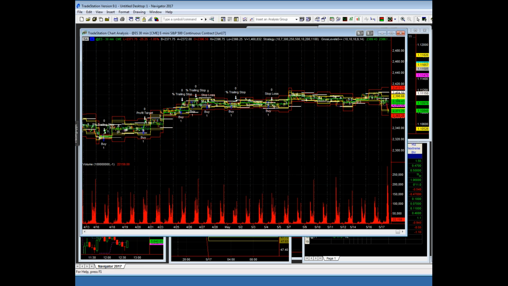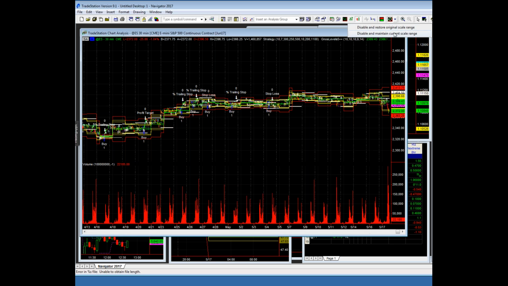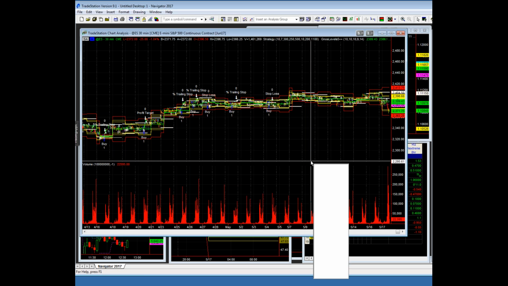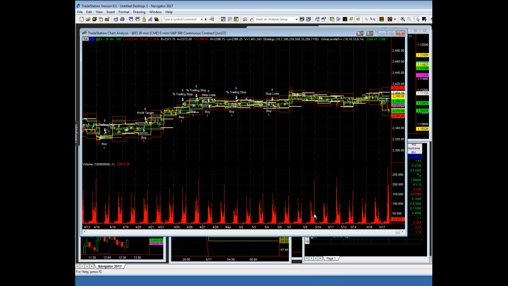So you will notice that volume is the highest when the market opens, then it comes down, and then it spikes up again at the end of the day towards the close.